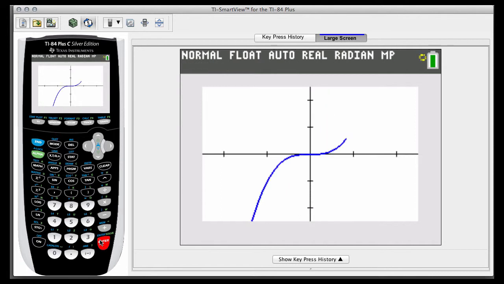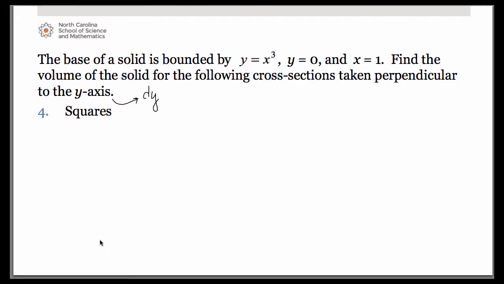So the solid and its base are formed by this curve, the line y equals 0, so that's the x-axis, and then a vertical line at x equals 1. So the base has almost a right triangle shape to it, where the hypotenuse is concave in a little bit. So let's go ahead and draw ourselves a picture of what this looks like.